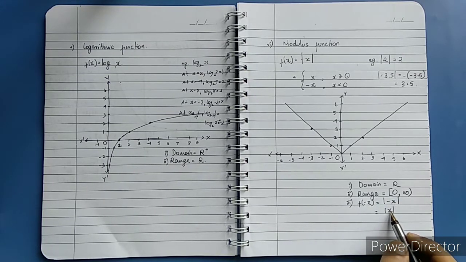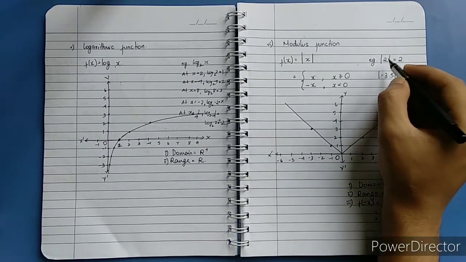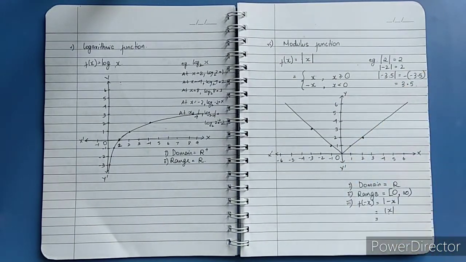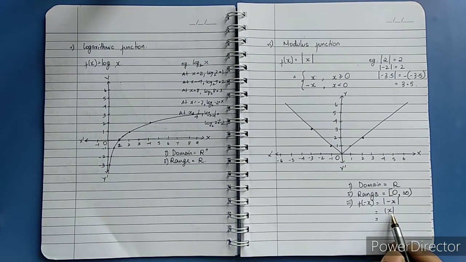And if I take only x, where x was minus 3.5, mod of minus 3.5 is going to be 3.5 itself. What I'm trying to say is mod of 2 and mod of minus 2, both values will be 2 itself. So it basically makes the number positive. If I take mod of minus x or mod of x, the number we get will be the same.